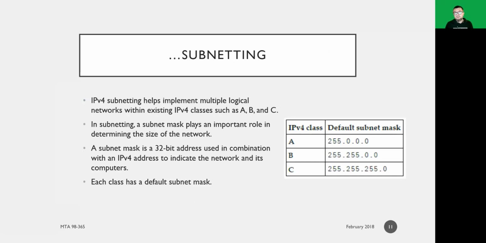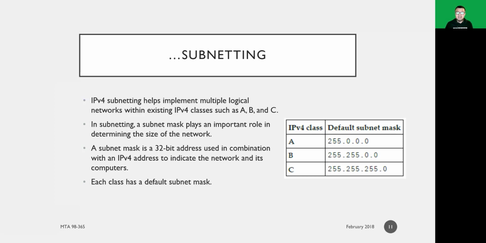Let's move on. Subnetting, as we've said, identifies the network to which the host belongs. Based on the classes of IP version 4, we have the default subnet mask, known differently as classful subnetting.